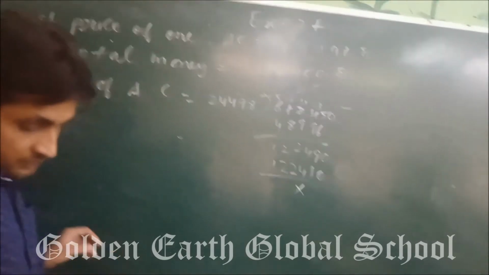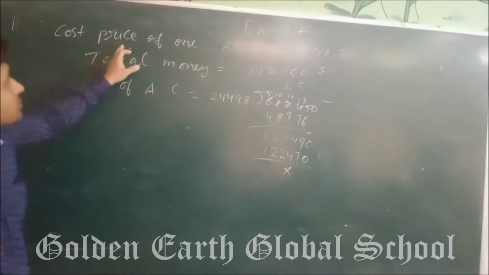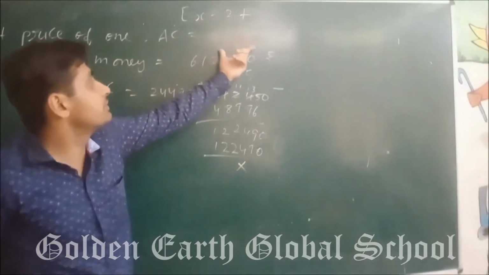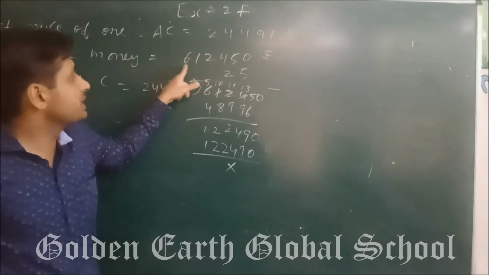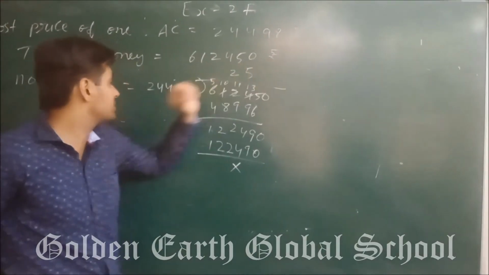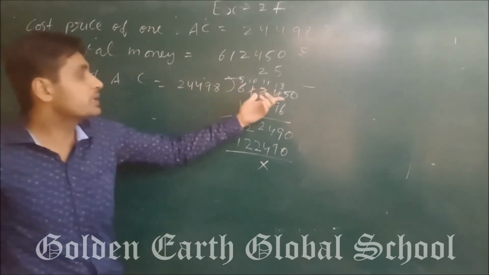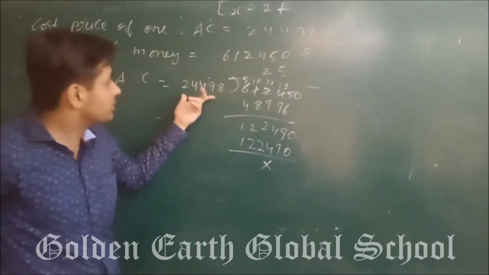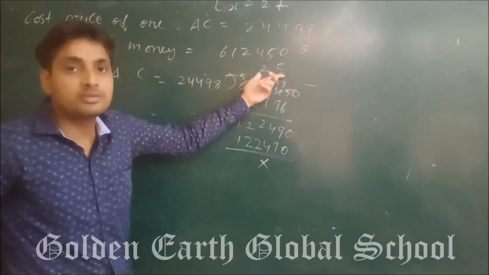The cost price of one AC is given. The total money we have is 6,12,450 rupees. We find the number of ACs, so simply divide. You can divide easily. So the number of ACs is 25.